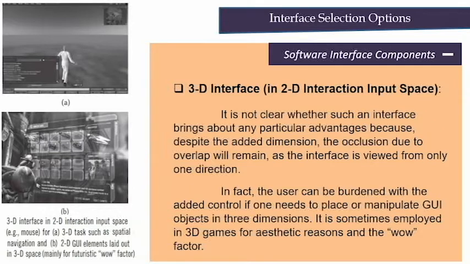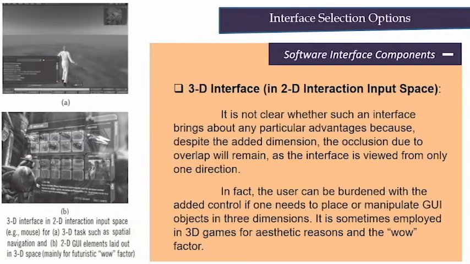In fact, the user can be burdened with the added control if one needs to place or manipulate GUI objects in 3D dimension. So it is sometimes employed for aesthetic reasons and wow factor.